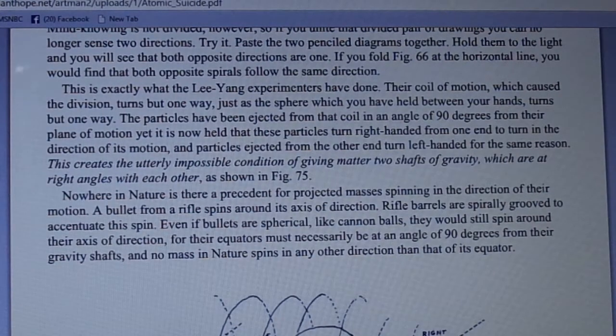Rifle barrels are spirally grooved to attenuate this spin. Even if bullets are spherical, like cannonballs, they would still spin around their axis of direction, for their equators must necessarily be at an angle of 90 degrees from their gravity shafts, and no mass in nature spins in any other direction than that of its equator.